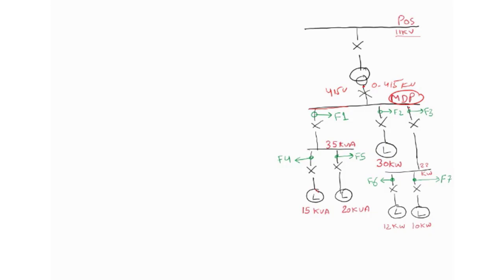Similarly, this feeder is supplying electrical energy to this distribution panel. Further, this distribution panel is distributing electrical energy to these two loads. One load is consuming 12 kilowatt of power, and the other is consuming 10 kilowatt of power. So these are the different feeders which are supplying electric energy to their respective loads.